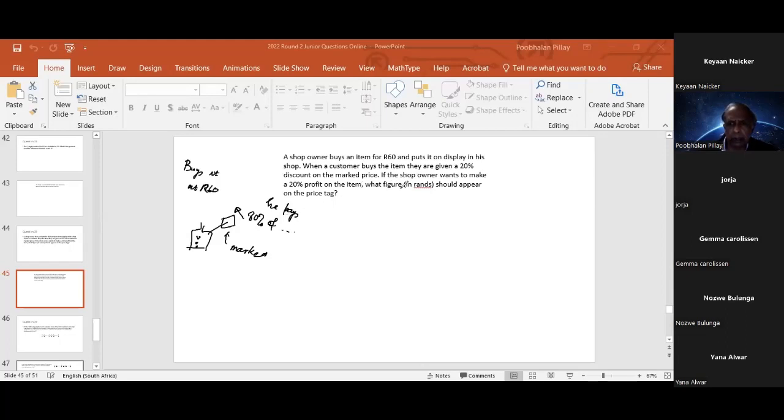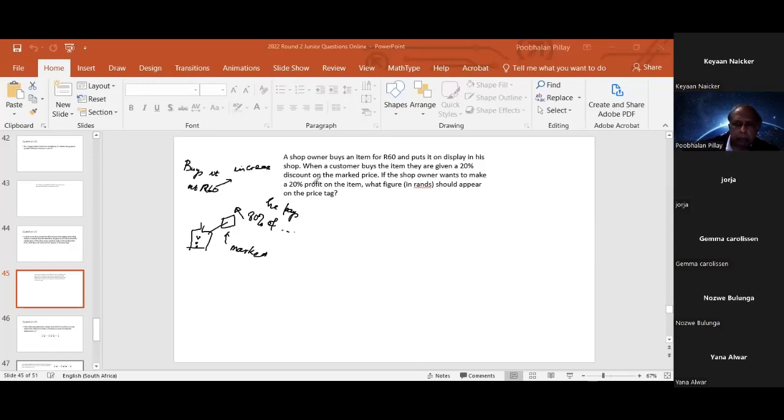But the shop owner wants to make a 20% profit on the item. He buys it at 60 and wants to make a 20% profit, so he must increase. Here it's a decrease because it's a discount. So he's going to increase this item. He wants to make a profit of 20%. Very unusual; these days people make a profit of 90%, 100%, 150%. People push up the prices enormously. It's quite frightening.